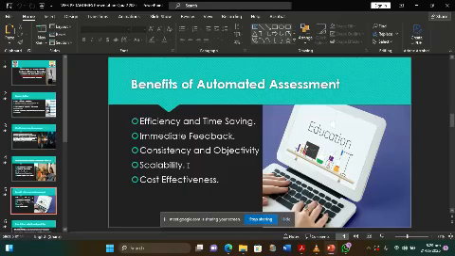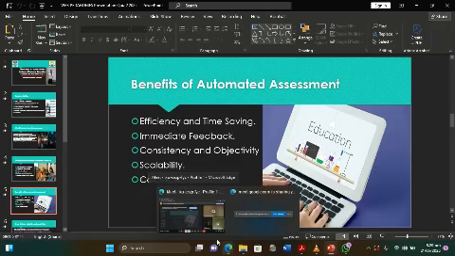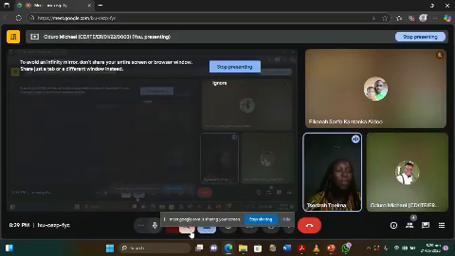Taking it from benefits of automated assessment, the first benefit is efficiency and time saving. Automated assessment significantly reduces the time educators spend on grading and allows them to focus on other important tasks, like planning their lessons and curriculum. It also provides individual students with immediate feedback.